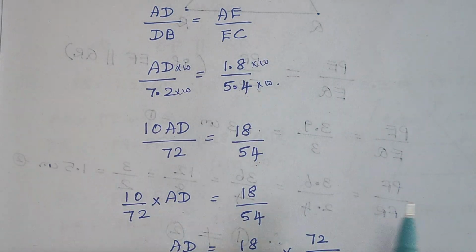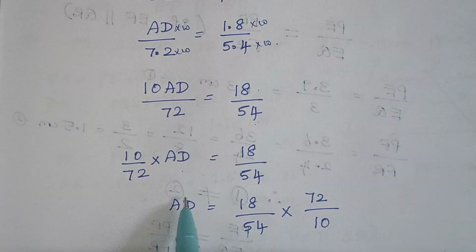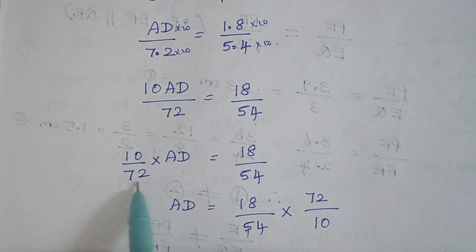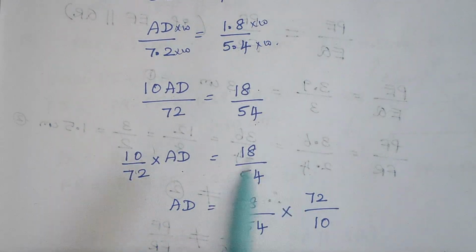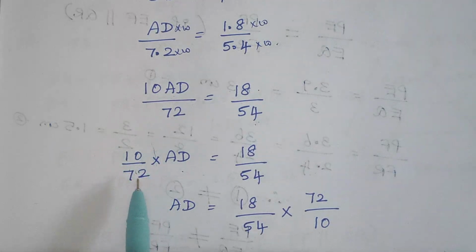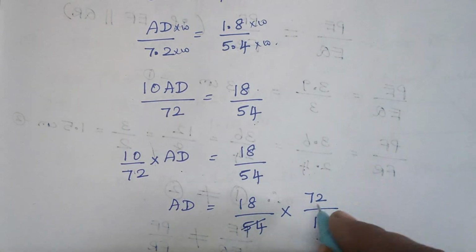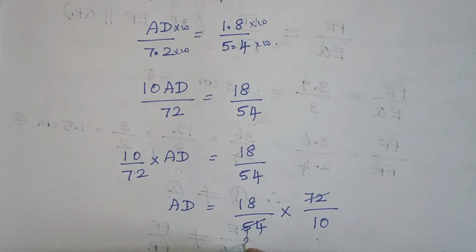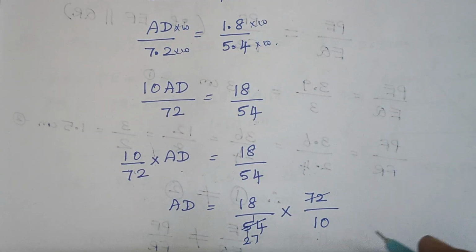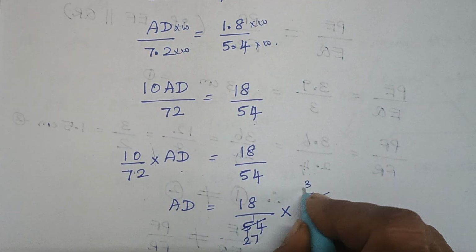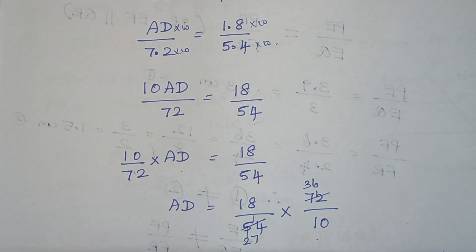I am keeping AD on this side and moving 10 by 72 to the right hand side. When you move a fraction, you have to take the reciprocal, so it becomes 72 by 10. Again when you cancel the terms, 54 and 72: 2 2s are 4, 7 2s are 14, and 3 2s are 6, 6 2s are 12.